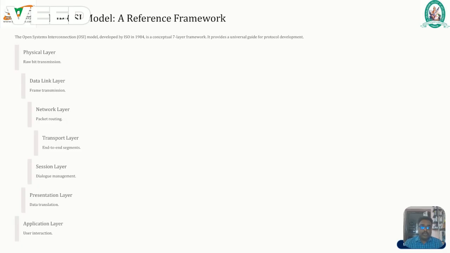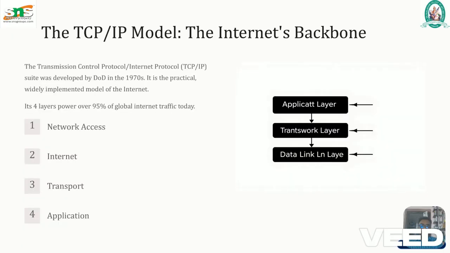And next one comes the network layer, which takes care of the packet routing, and then the transport layer, which takes care of the end-to-end segments. Then the session layer, which manages different sessions, the presentation layer for the data translation, and the application layer for the data transfer and interoperability.